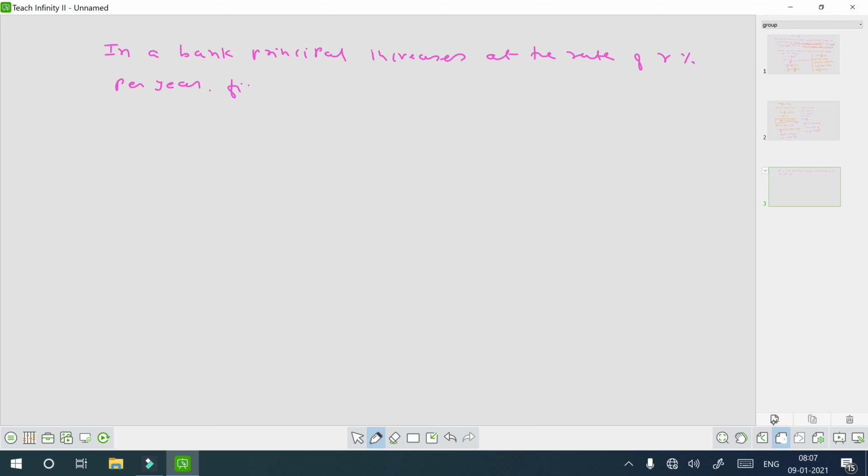Find the value of r if 100 rupees doubled in 10 years. Here it is given that we have to take the value of log 2 base e as 0.6931. That is given to us.